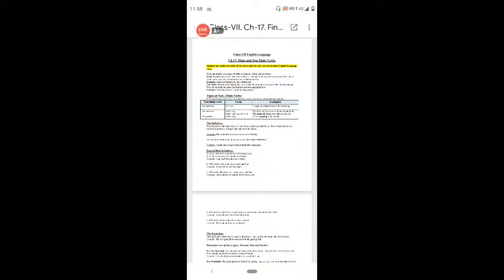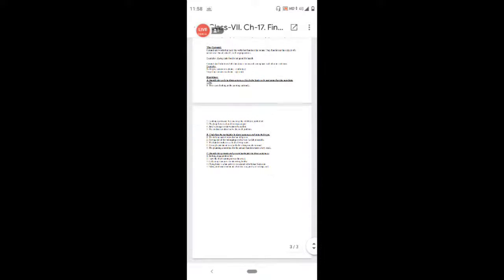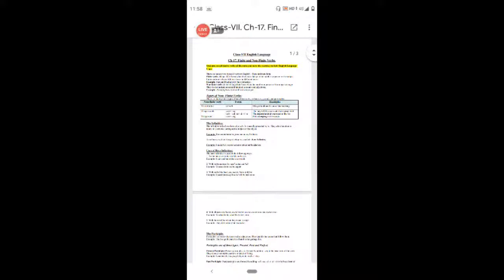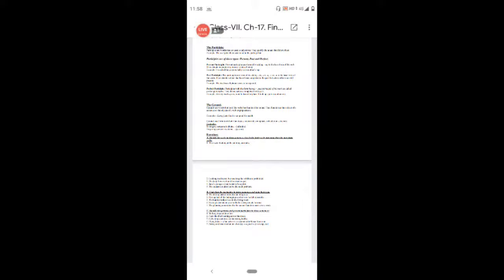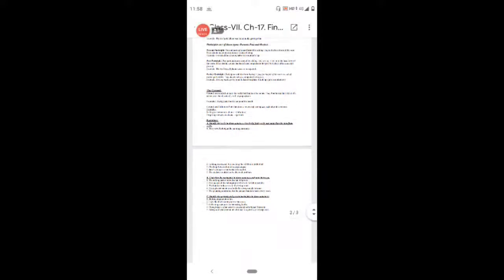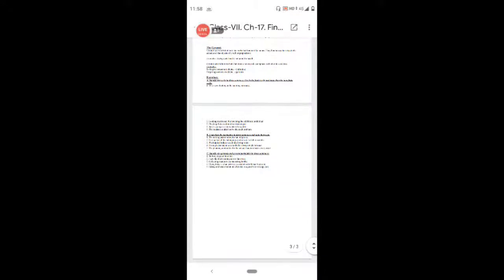The very famous thing, many books present themselves as separate chapters, but in your class 7 I believe that finite and non-finite verbs in this form is easier for you to understand. The exercises that I gave basically are: identify the verbs in the sentence, circle the finite verbs and underline the non-finite verbs, which you will be doing on your own.